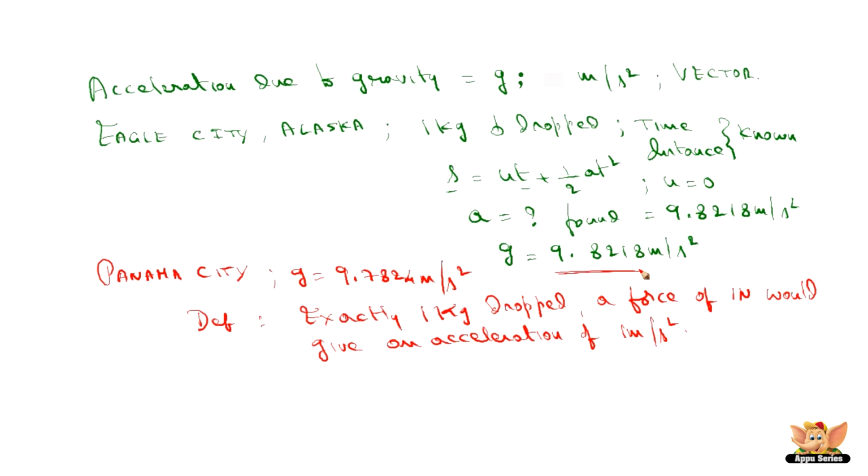Now in this case, if g, the acceleration due to gravity, is 9.8218 meter per second square, what does it mean? That means a force of 9.8218 newtons is generated.